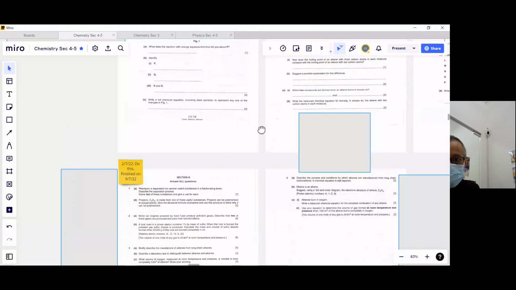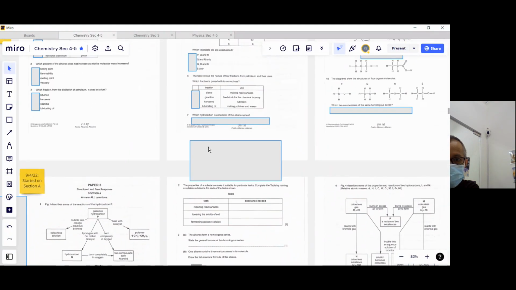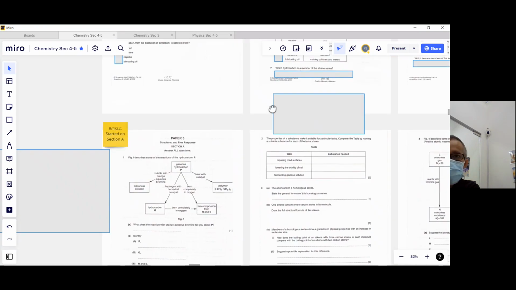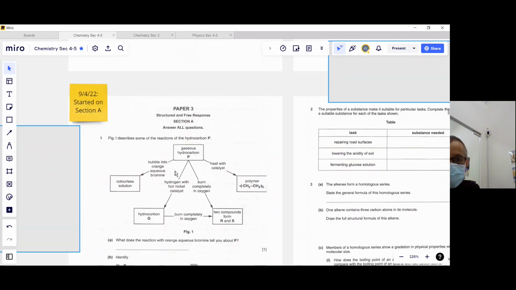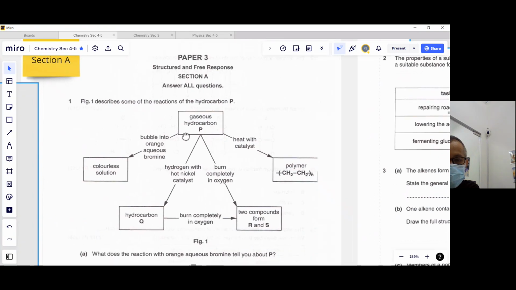Then a similar topic comes up, because at least you go through this similar topic, right.